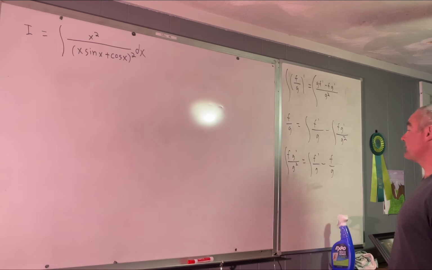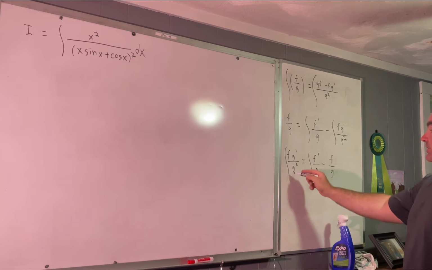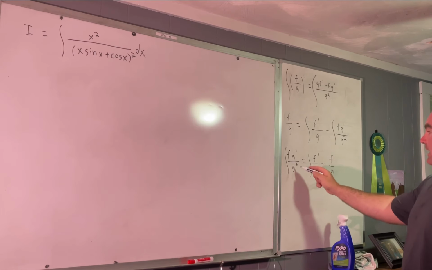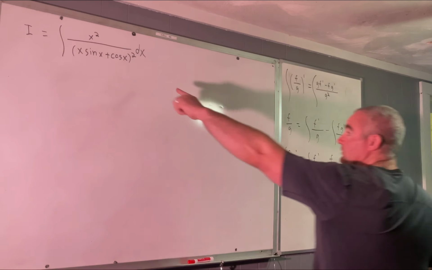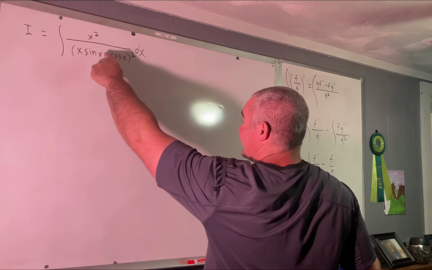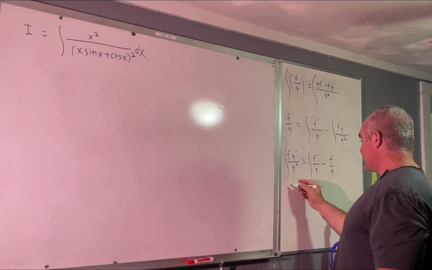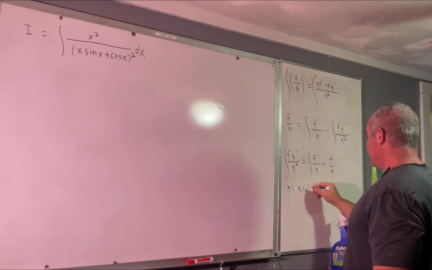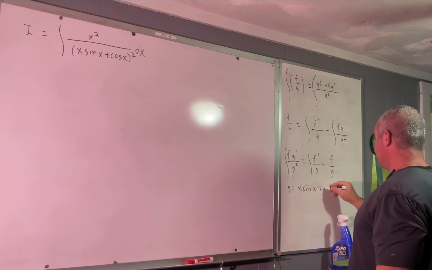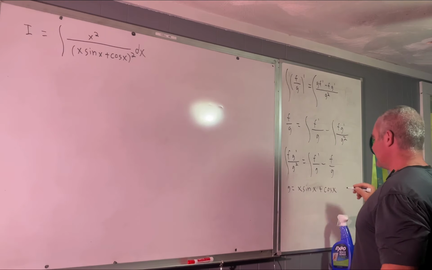Okay, well, what's the first clue? Let's solve for g first, because we know that whatever our g is, it's squared and in the denominator. So our g has to be this x sine x plus cosine x. So we'll just write that. g is equal to x sine x plus cosine x. So now we have g.